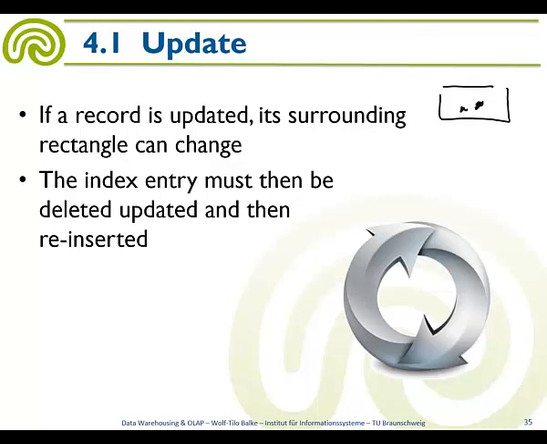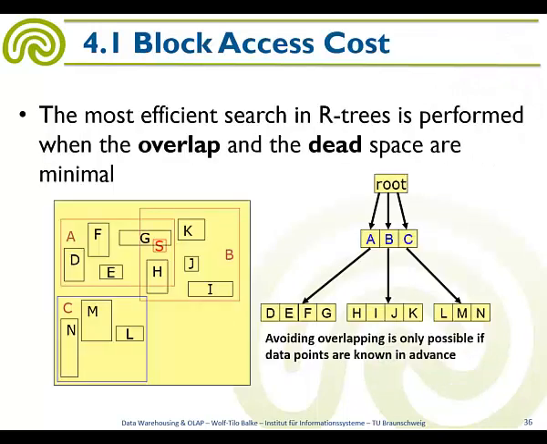However, if it changes completely, so it was a wrong entry, it's probably going to be in a new neighborhood. So now it's somewhere outside. What are you going to do? You delete it, and you reinsert it. So we're back to the delete operation, and we're back to the insert operation. So the different operations are basically an insert in disguise, if you want to say it like that.